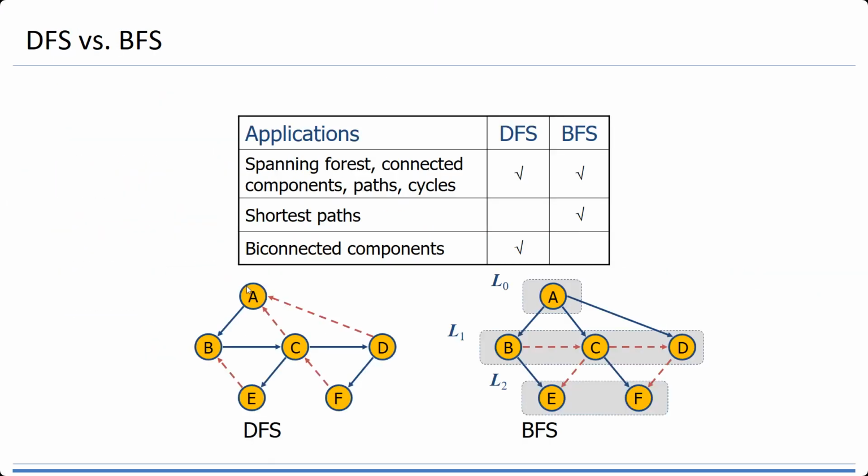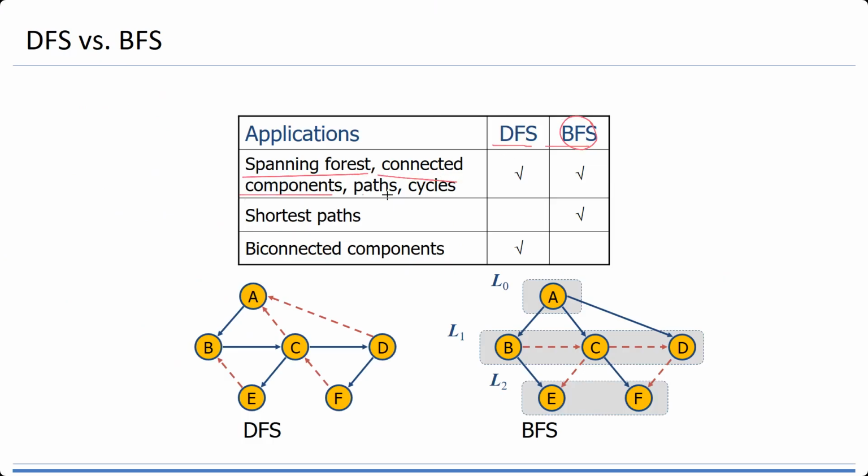Now, let's look at the comparison. When can we use DFS and when can we use BFS? Both of them are good at making the spanning forest. Both of them are good at finding the connected components.